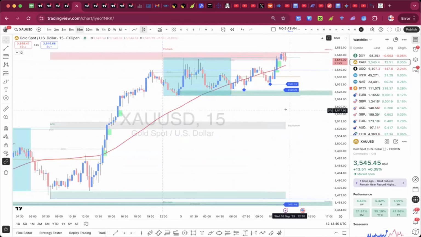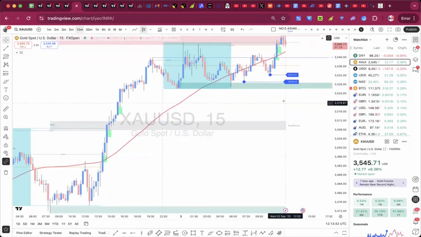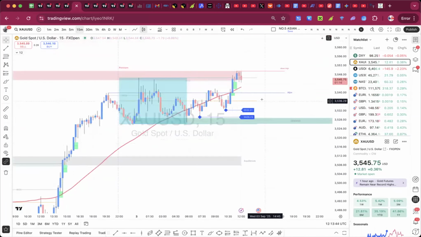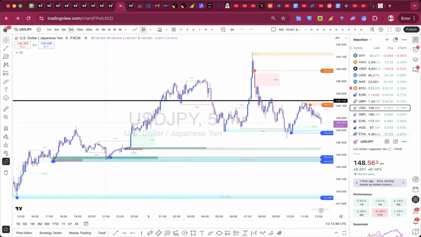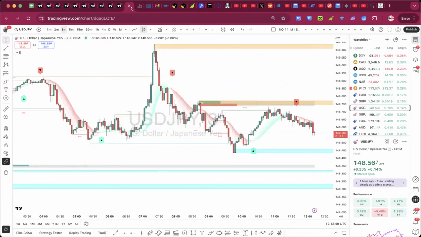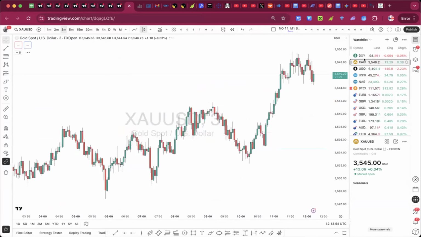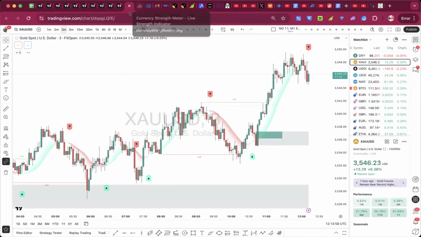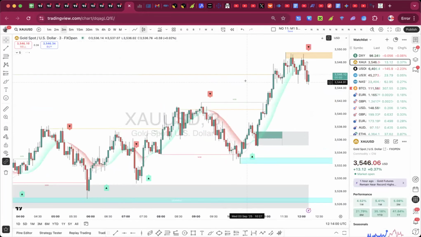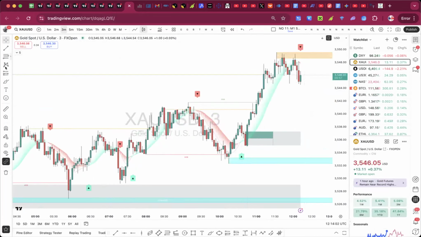Now, let's say look at gold. Let's say if we send gold to you to take a trade on gold, let's say gold was sent to you this way.